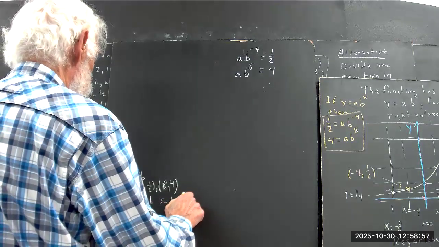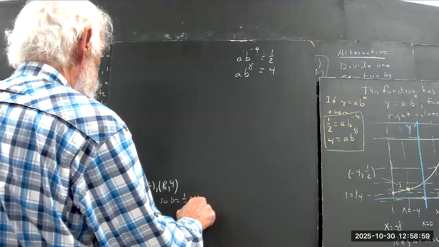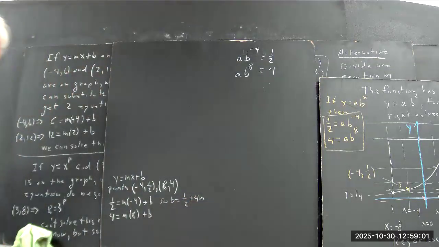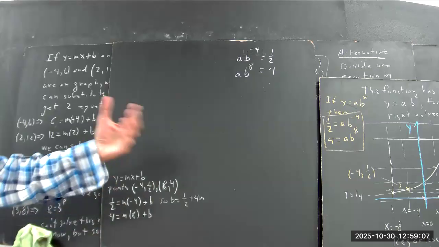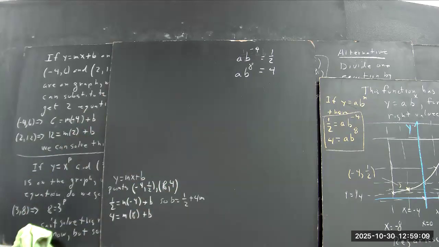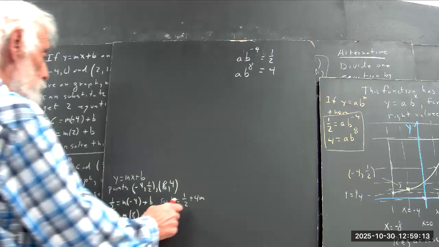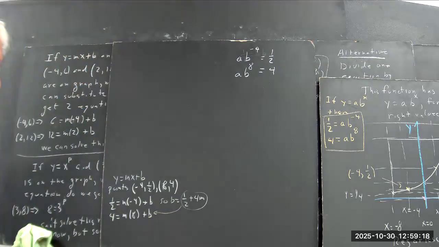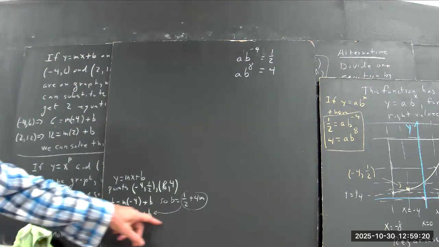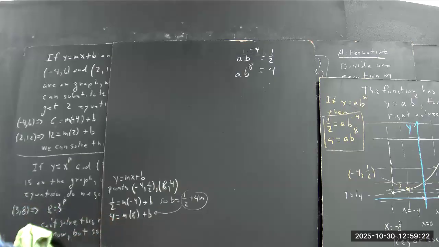So b equals 1/2 plus 4m. I mean, m times -4 is -4m, so we add 4m to both sides, and this is what we get. And we plug this expression in for b here. Now we have an equation with just m's, and we can solve it.